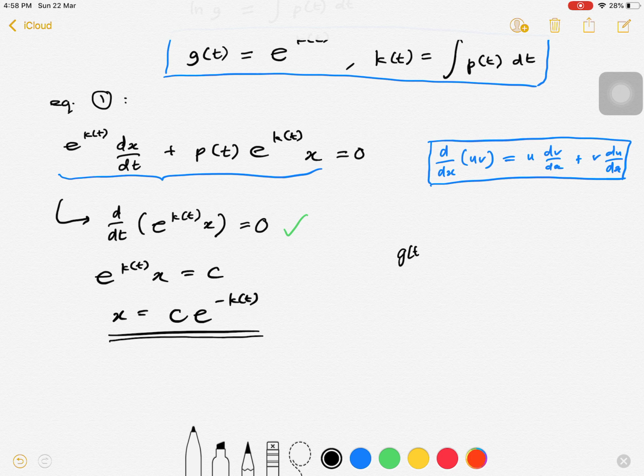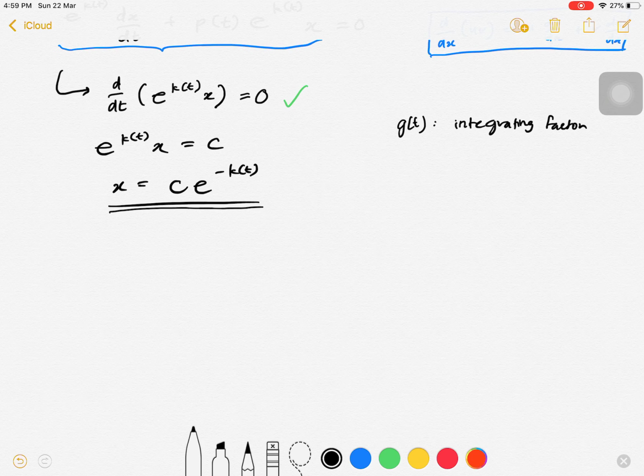So just to recall, this is the integrating factor. Okay, what is the integrating factor?